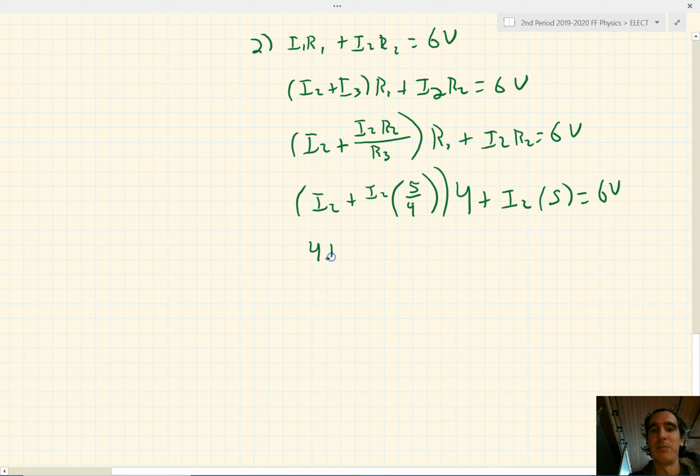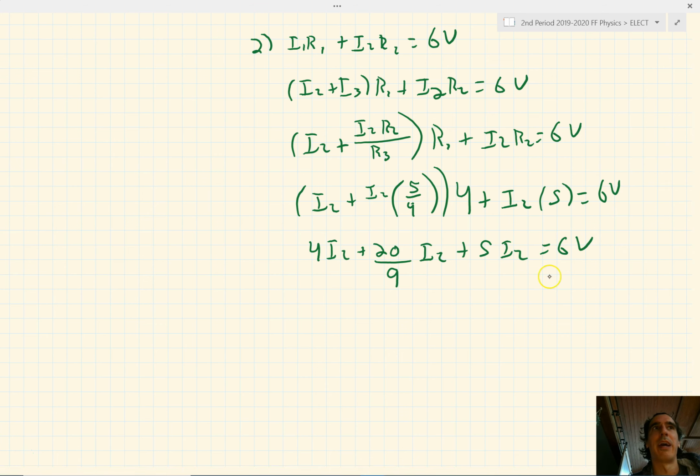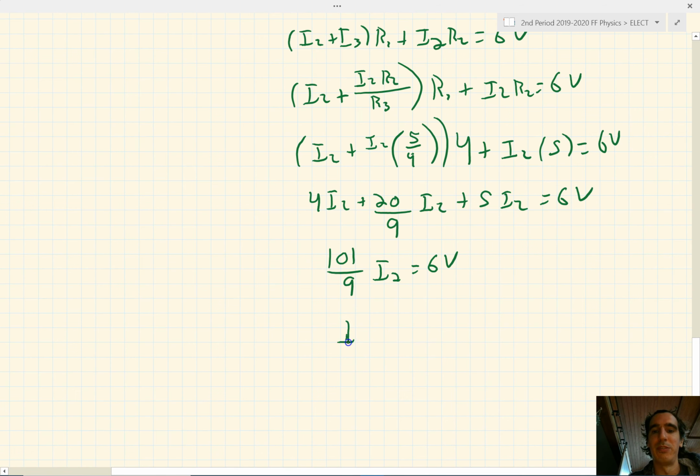So we have 4 times I2 plus 20 over 9 times I2 plus 5 times I2 equals 6 volts. If we add all these together, we get 101 over 9 times I2 equals 6 volts. And if we solve for I2, we get the current through resistor 2 to be 0.54 amps.